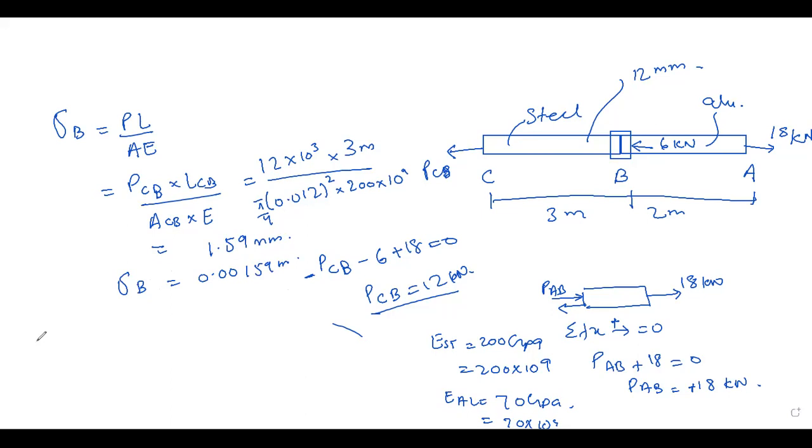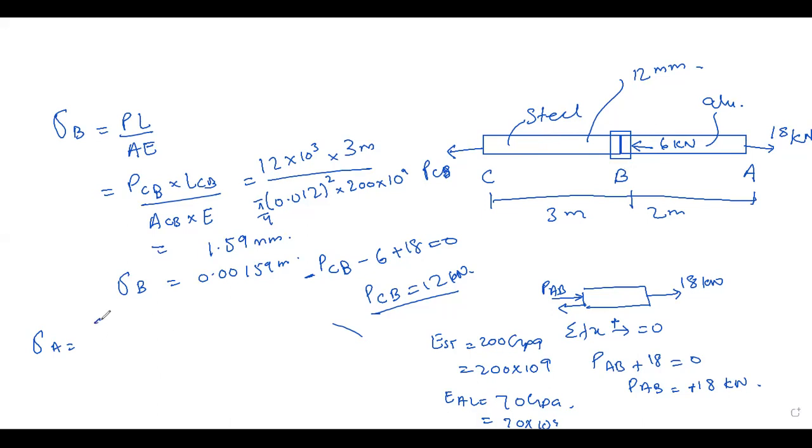Now the deflection at A is due to two members. Here at A, we have deflection due to two forces, member force AB and member force BC.